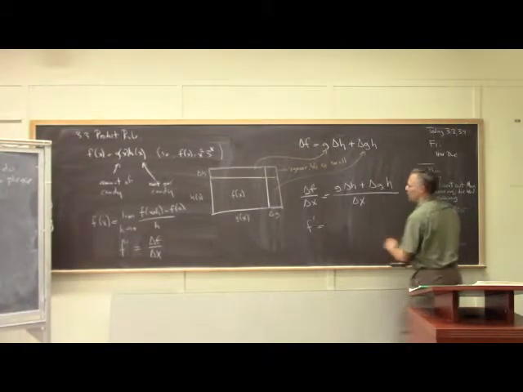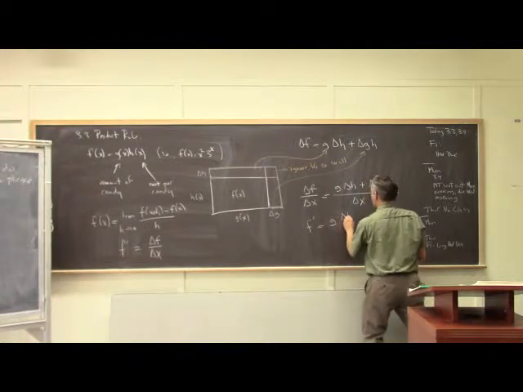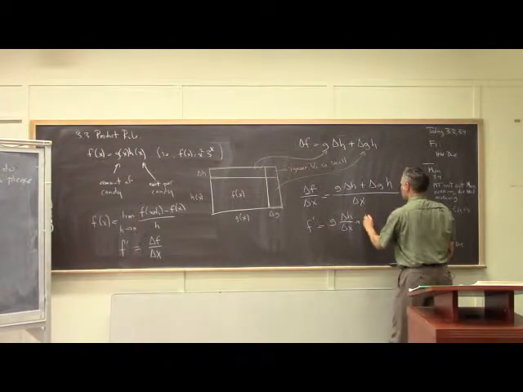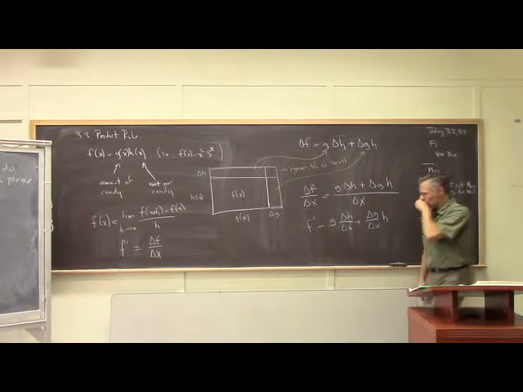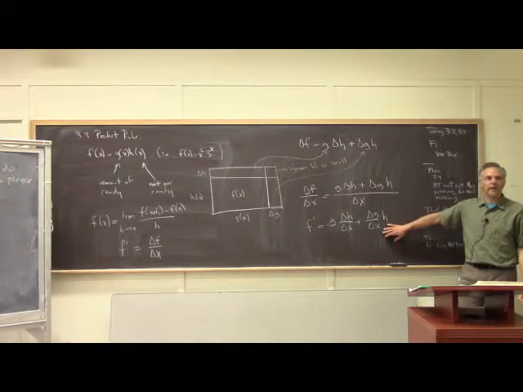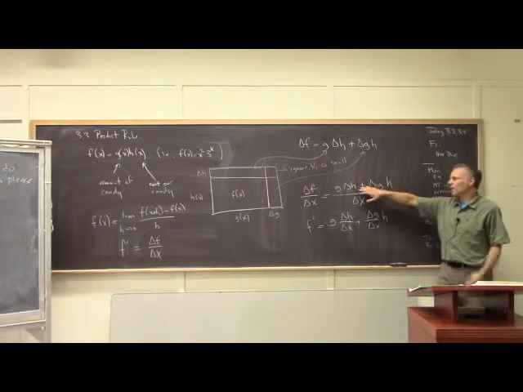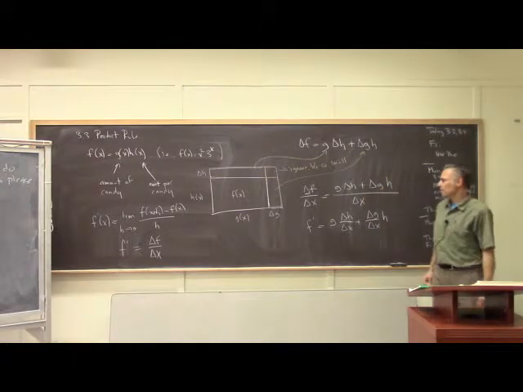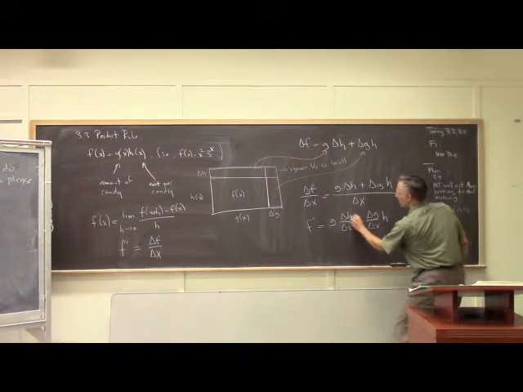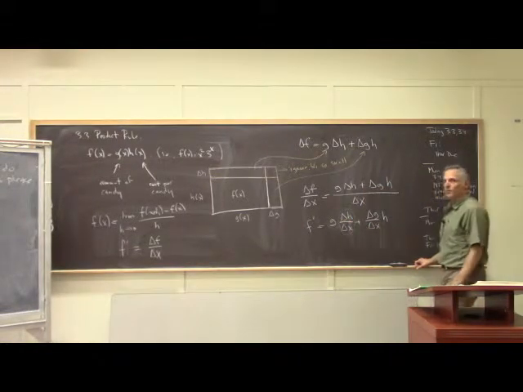OK, so this was just fractions. No calculus here. Just taking a fraction and splitting it into two. And then what I'm claiming is that this term is h prime.